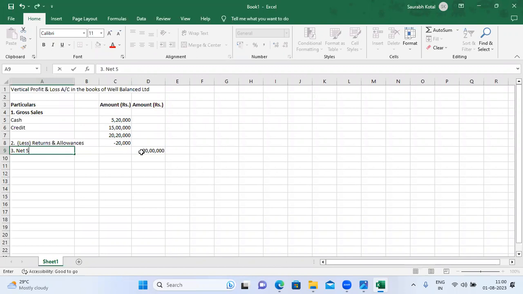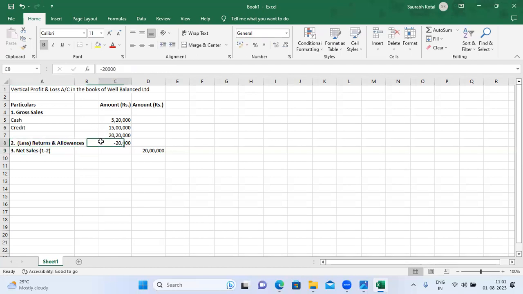How do we get this net sales? Gross sales minus returns and allowances. Let me just bold it. That is how we have to represent it.